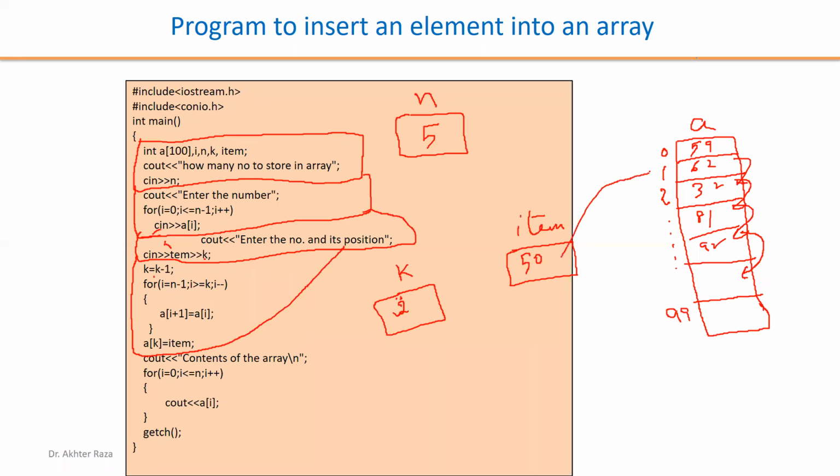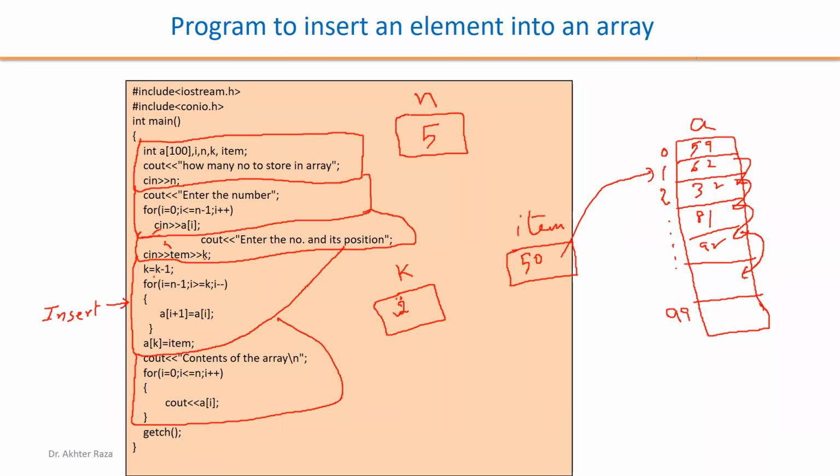And then item number a[k] is equal to item. This is the element which is inserted into this position. So the insert operation is this. Now the remaining portion, after insertion, the array situation is different.